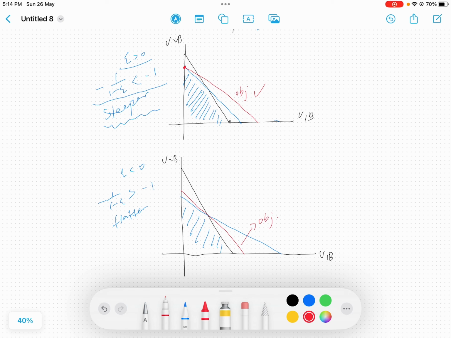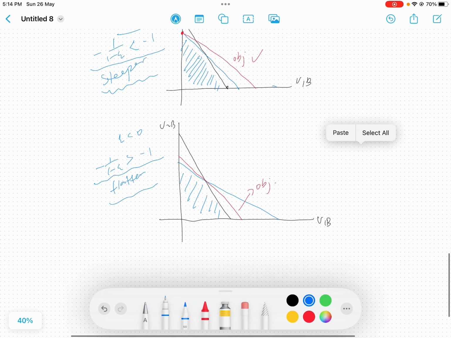So what if epsilon is a negative number, as we mentioned in the beginning? It could be positive or negative. If it is a negative number, then in this case minus 1 over 1 minus epsilon is greater than minus 1, so it means this blue line is flatter.